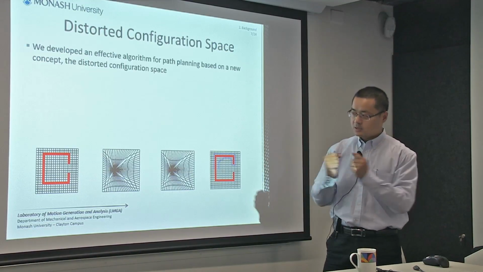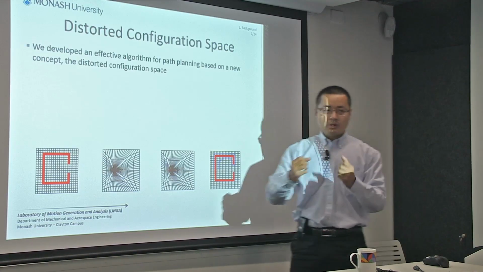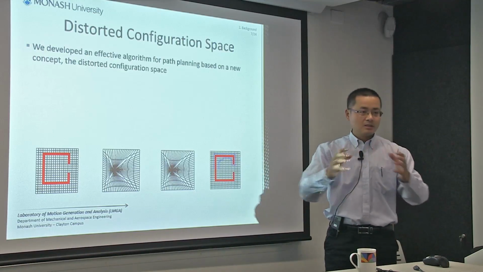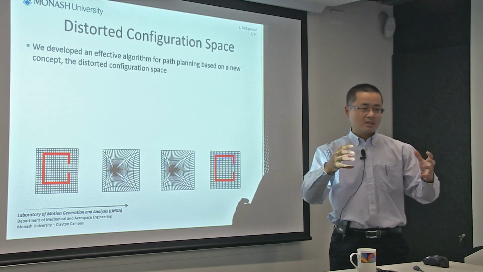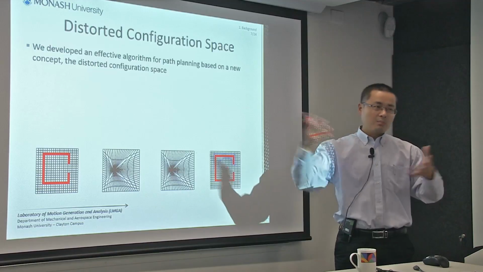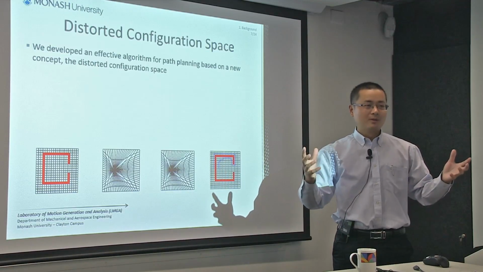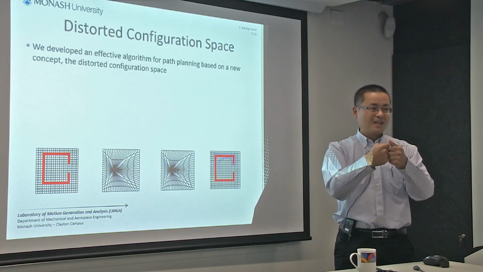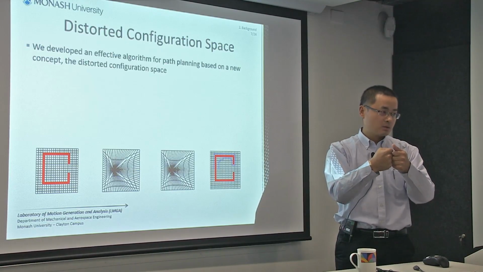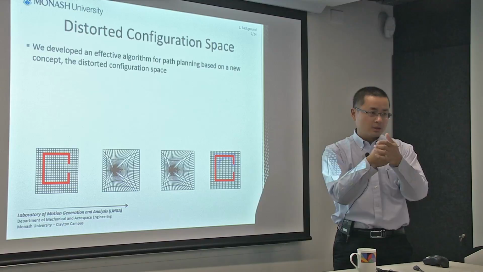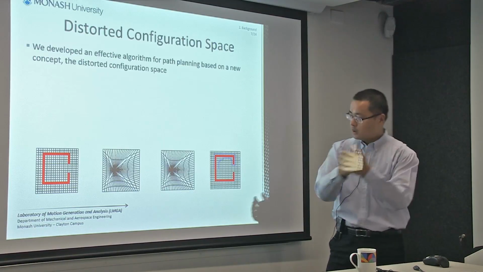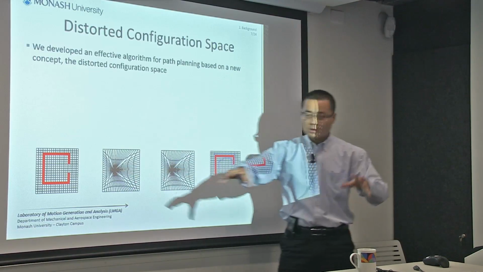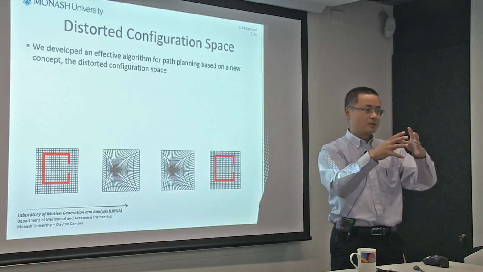So the idea is, can we distort this obstacle? Actually, I borrowed this idea from black holes: you shrink it to a single dimensionless geometric point, and by shrinking this obstacle into a single point, the space actually gets distorted.